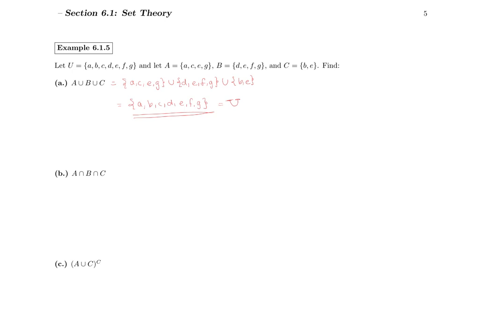And I put serifs on the top, those little lines, so that we know it's not a union. It means the universal set.